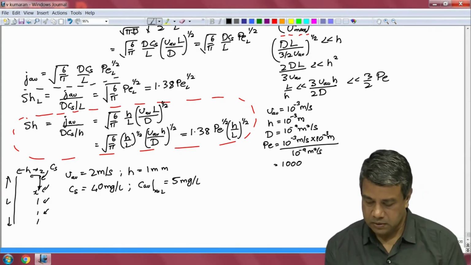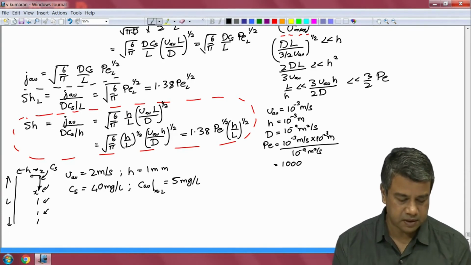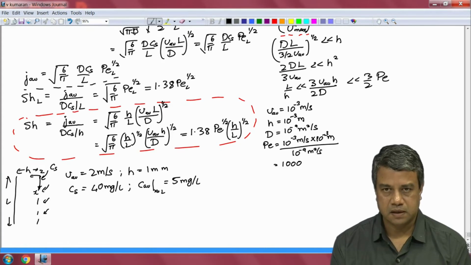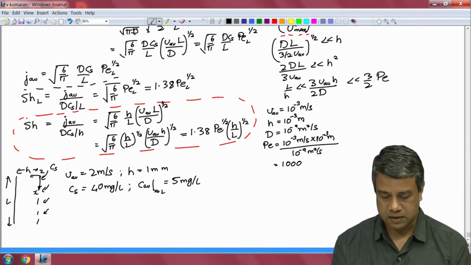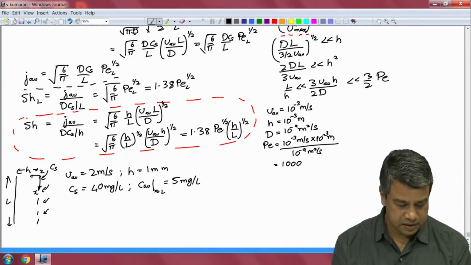And I want to know what is the length of the reactor required, or the length of the falling film, the contactor that is required in order to achieve this average concentration at the outlet, for a film of thickness h.